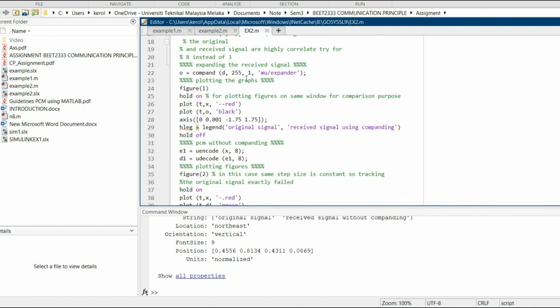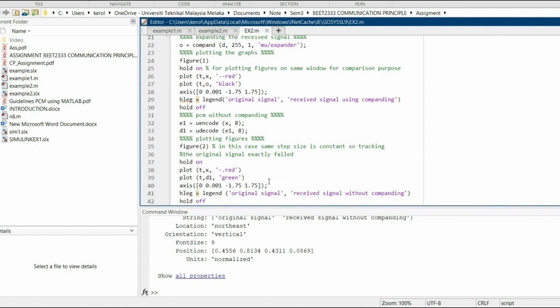We also add the axis for figure 1 and also for figure 2.